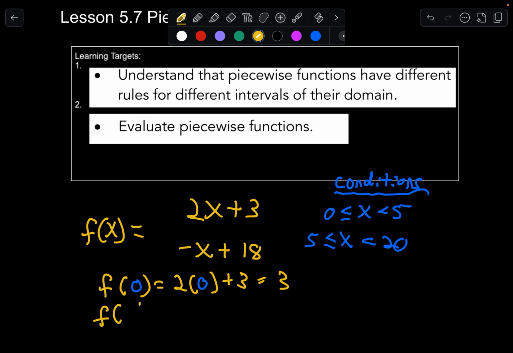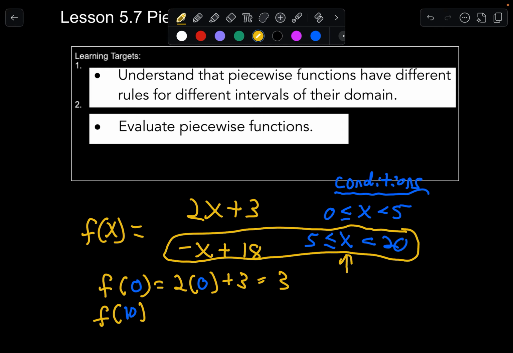Again, we go back to our piecewise defined function, and we see that 10 is between 5 and 20, so we're going to use the bottom equation to evaluate it. Again, these conditions on the right tell you which equation to use for a given value of x.